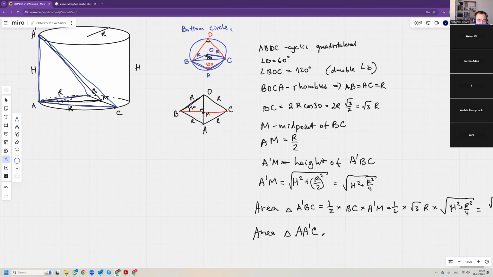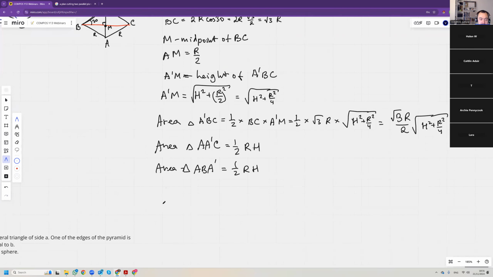So the area of triangle A1, A prime C, the second side of the pyramid, is 1/2 base times height, and the base is R, and the height is H. And the area of triangle AB A dash is the same because of symmetry.